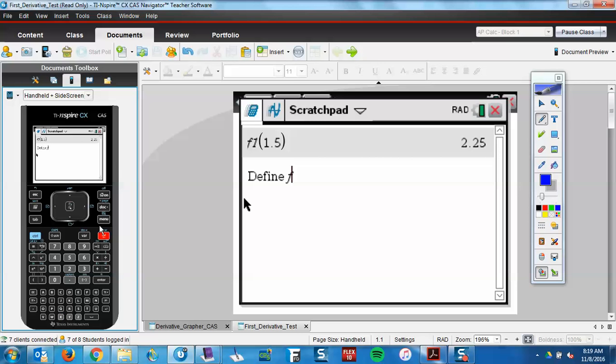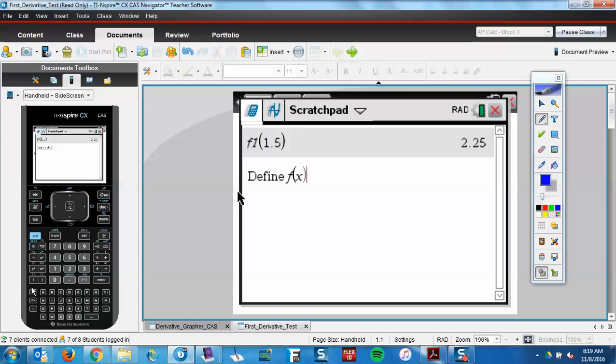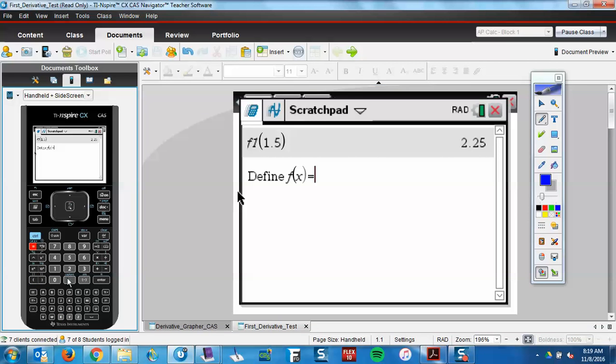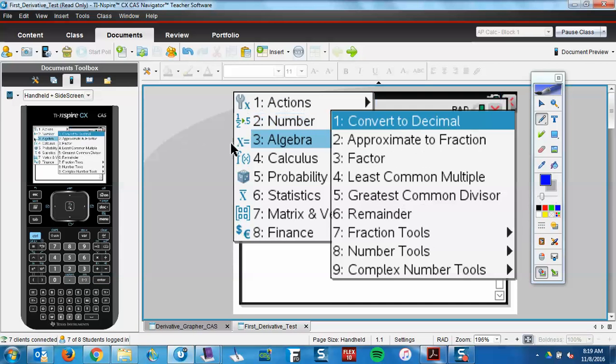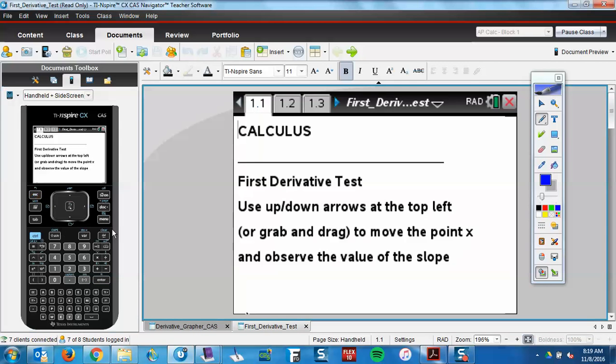It's f1 on the calculator screen, but if I want to just call this f of x, let's define f of x equals x squared. And you can actually type out the word define, or you can go under menu to actions, but you can just type out the word define. Okay, define f of x to be x squared.